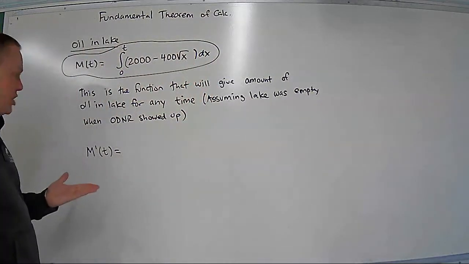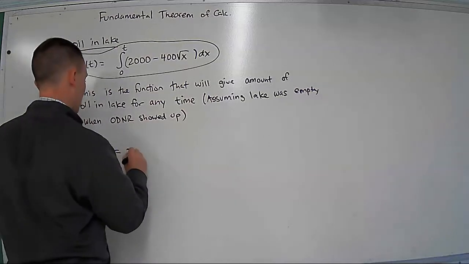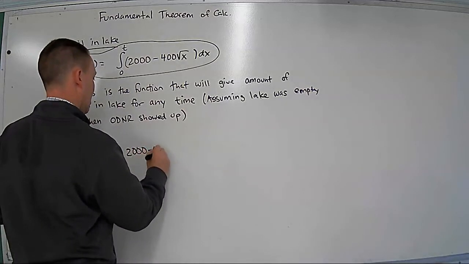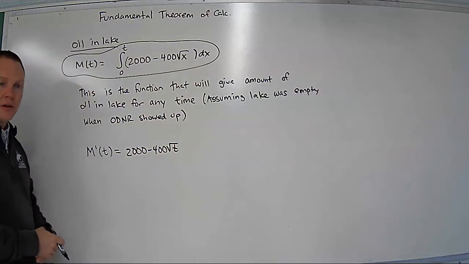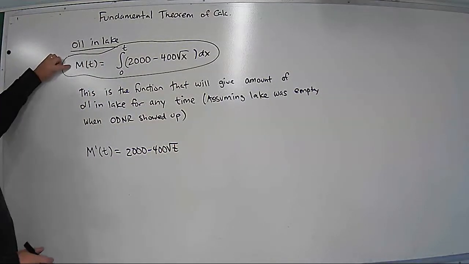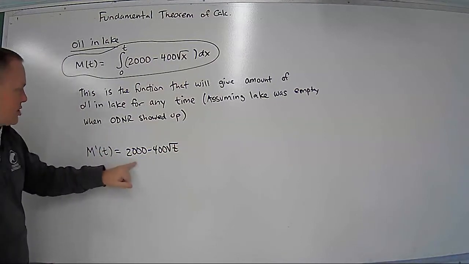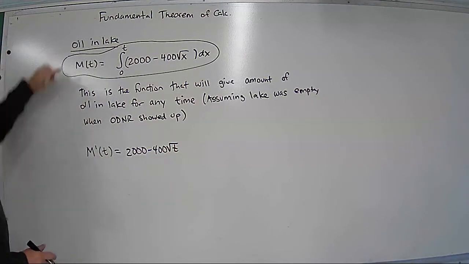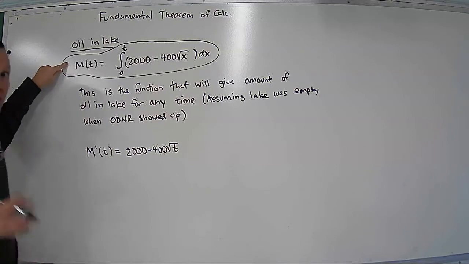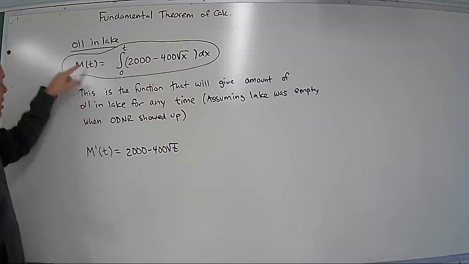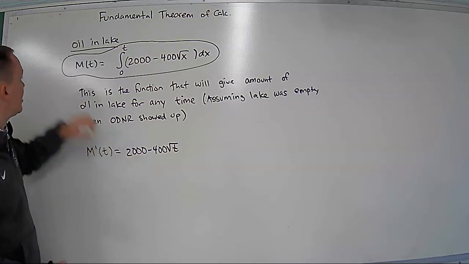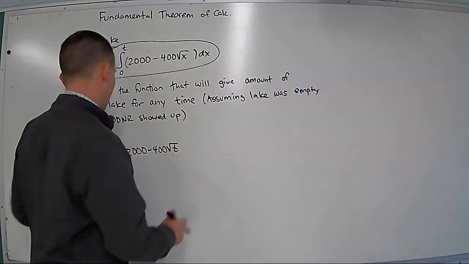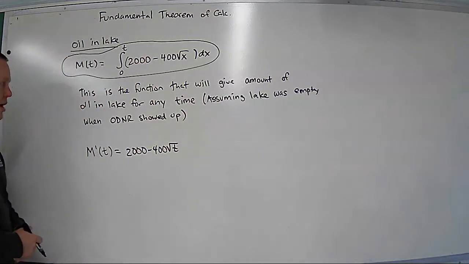Well, we know the rate of change of oil in the lake. It's 2,000 minus 400 radical t, the rate in minus the rate out. So the derivative of this function right here is 2,000 minus 400 radical t. So this function right here must be an antiderivative. It's a weird way of writing it, but this function right here must be an antiderivative of this function right here. So m of t is the antiderivative of 2,000 minus 400 radical t.